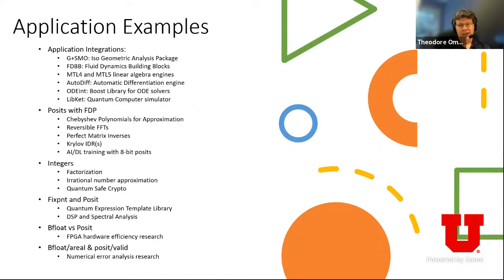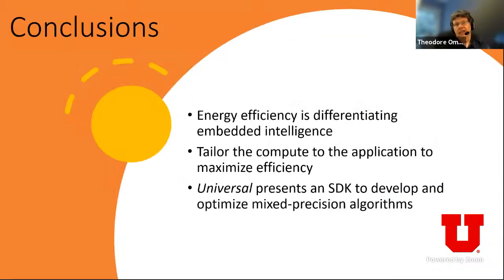There's some interesting integrations with quantum simulators, but that really needs some hardware to be interesting. And then, of course, we have the B floats versus posits in the whole AI ecosystem that we would like to influence. So that's really the quick introduction of Universal.